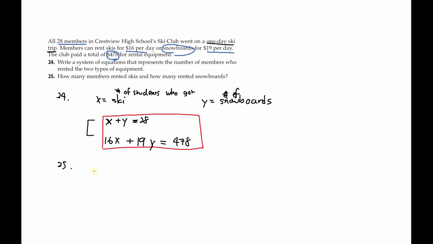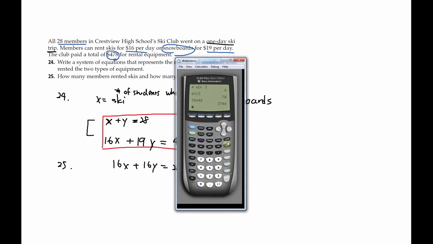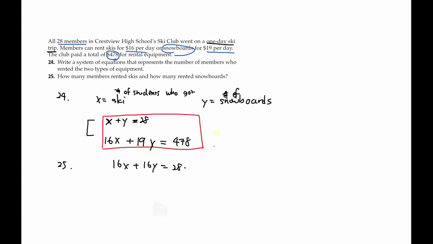In this case, I'm going to use elimination because all I have to do is multiply the top equation by 16, so I can have 16x plus 16y, and 28 times 16. Let's find that. 28 times 16, you're going to get 448.